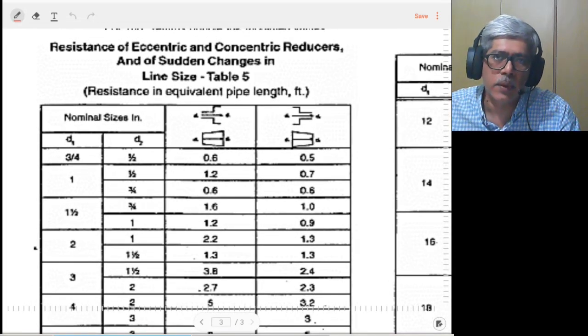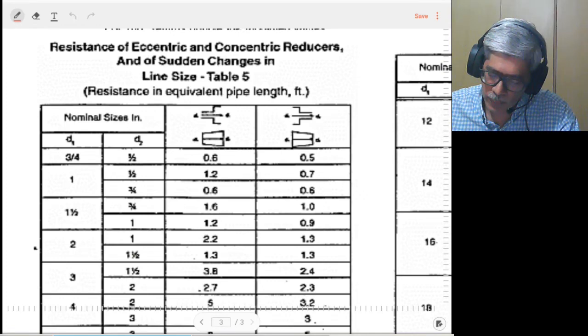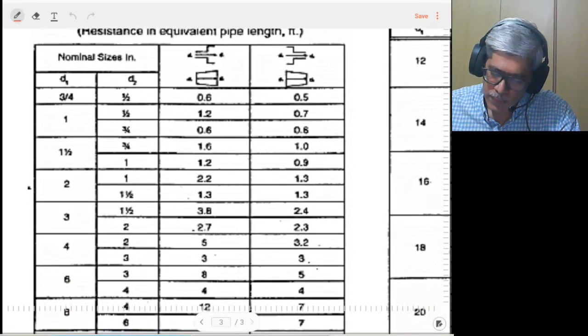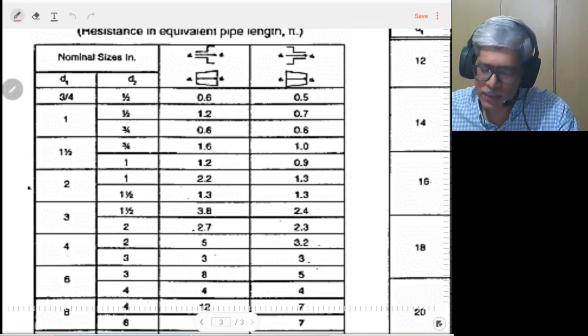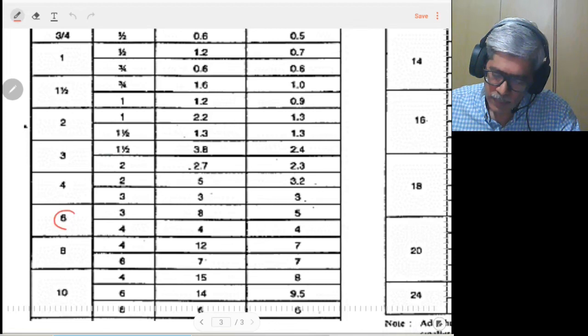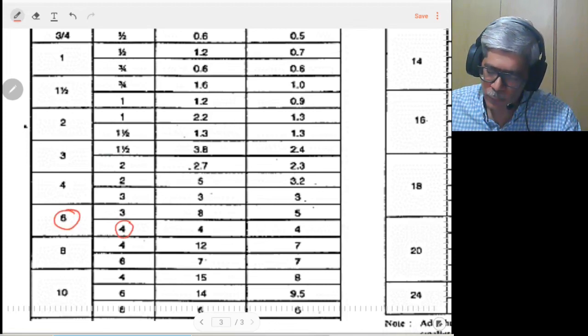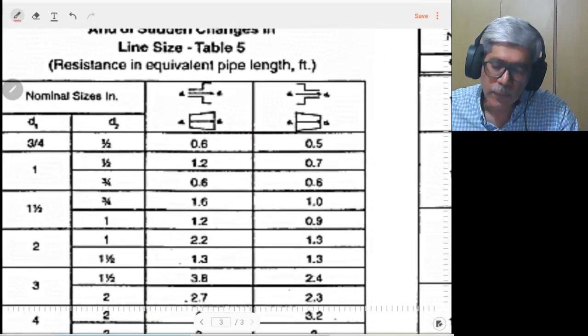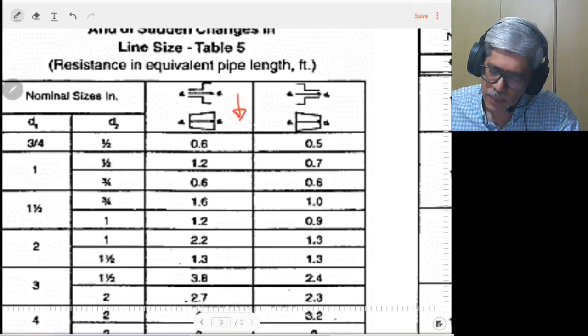We have an expander which goes from 4-inch to 6-inch. So we have to locate 4-inch to 6-inch. In this case the sizes are given from large size to small size, so we have to go for 6-inch and 4-inch. This is the combination we are talking about. If it is from smaller to larger, which is our case, we have to use this column.